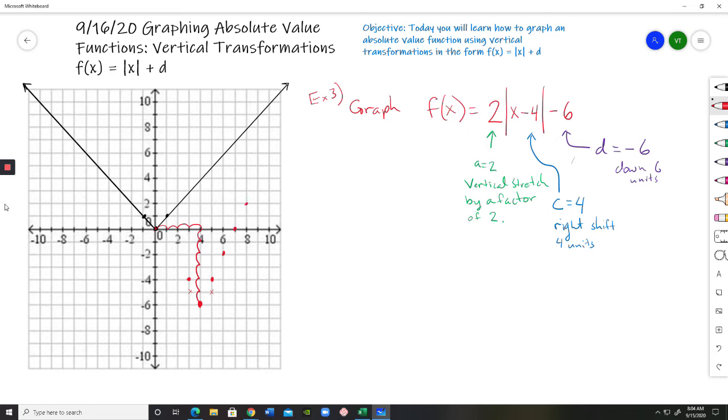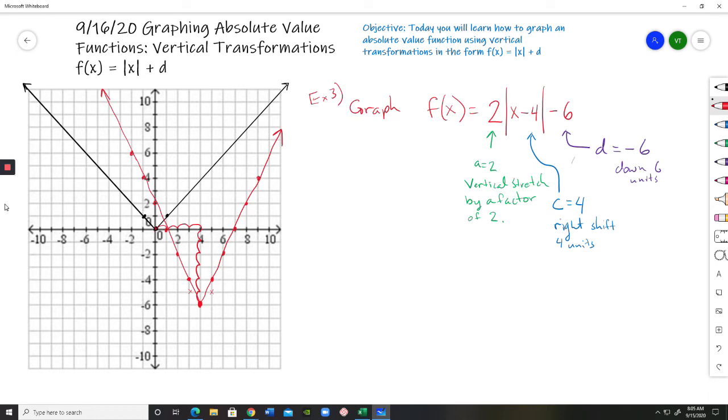I'm just going to draw out more points following that same pattern. And now I'm going to do my best to draw my V. Notice how I'm extending my lines all the way to the end of the graph.